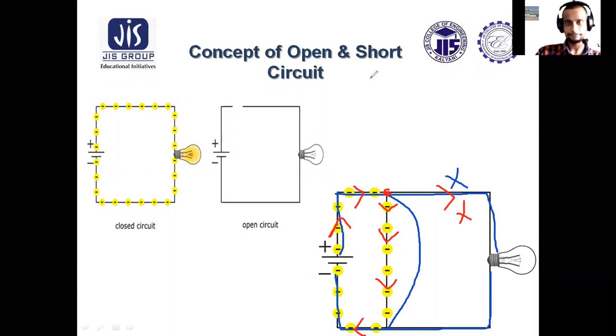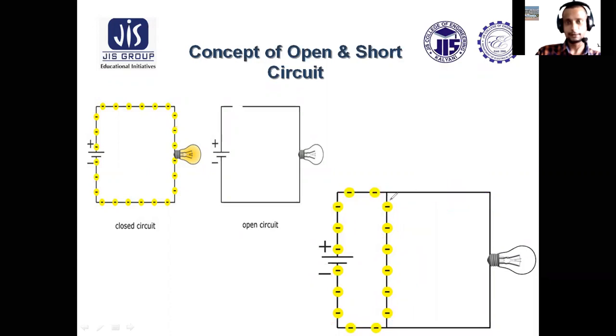Why? As this is shorted, can you see any resistance in between these two? Is there any resistance in between? No. So the resistance of this path is 0. And as the bulb is connected here, say it has a resistance of R1.